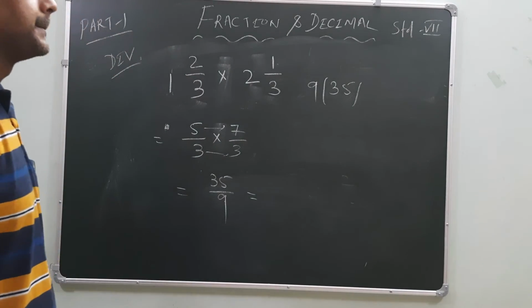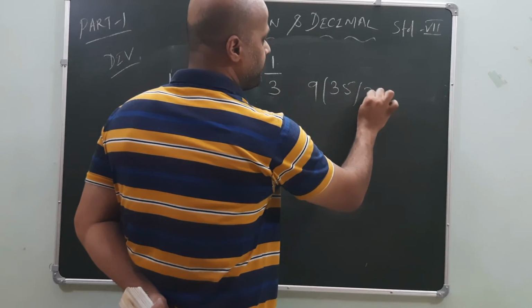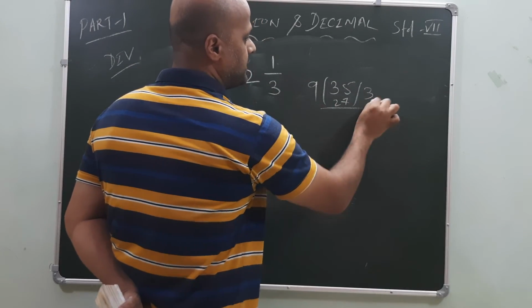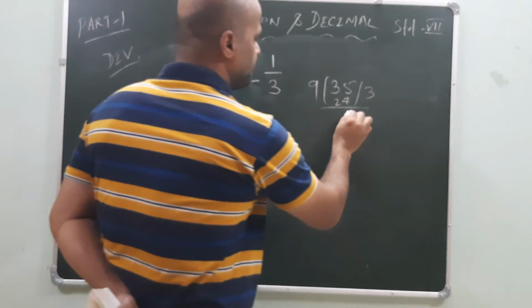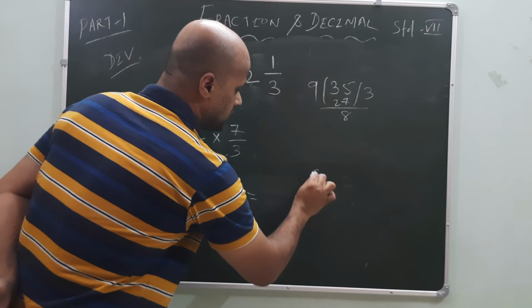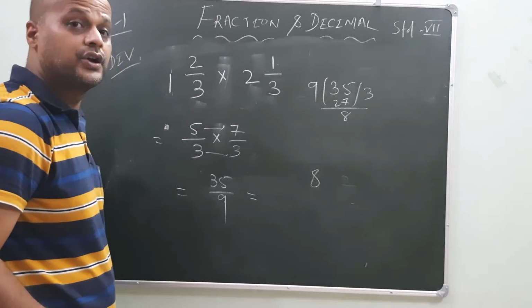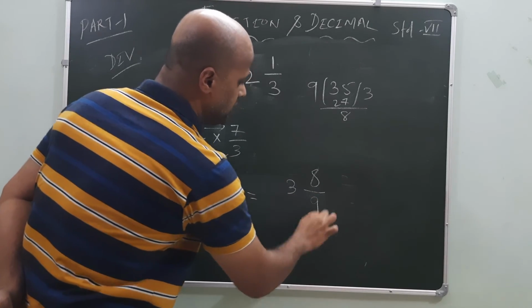How much will come? 9 3s are 27. How much will be left here? 8. So the remainder goes in the numerator. 3 is the whole number, and 9 will be in the denominator.